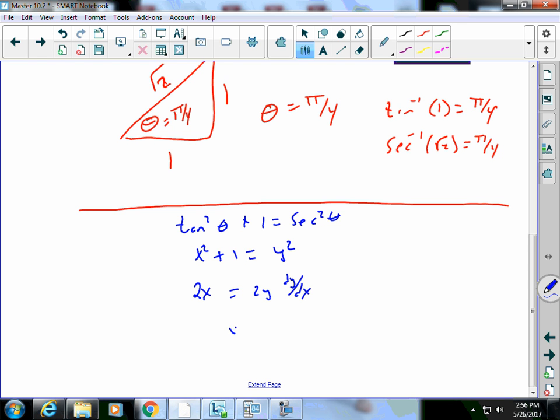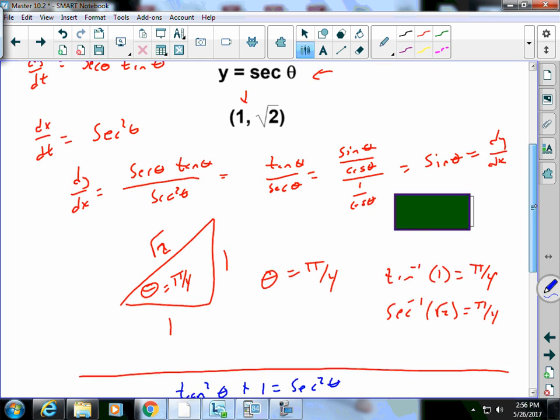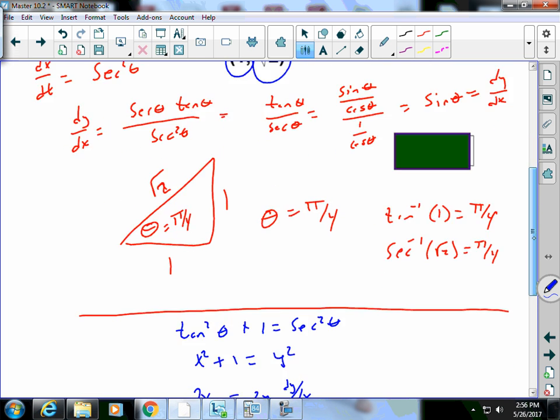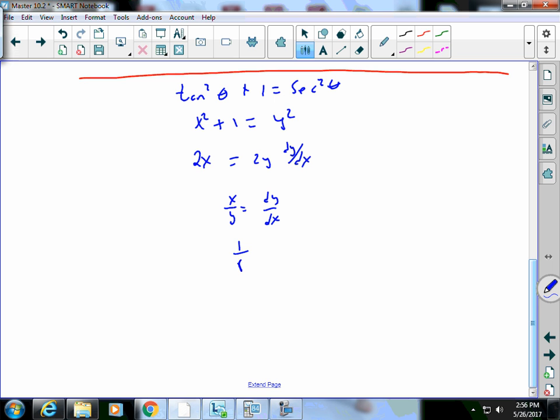So I end up with x over y is equal to my dy dx. And we know what x and y are: x is 1 and y is square root of 2. So my slope is 1 over square root of 2, right?